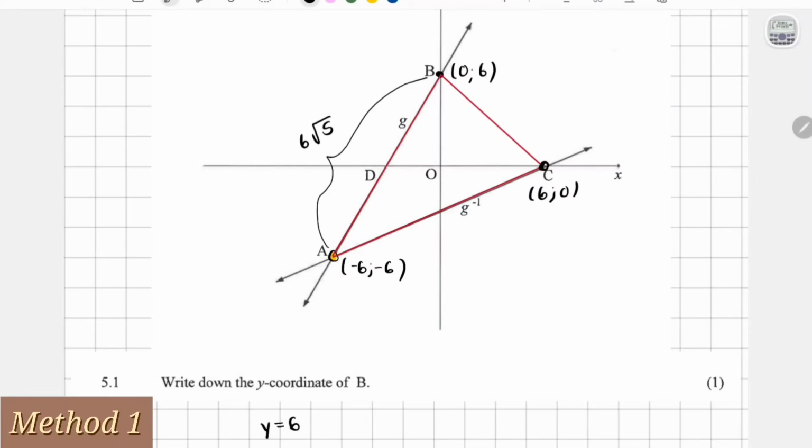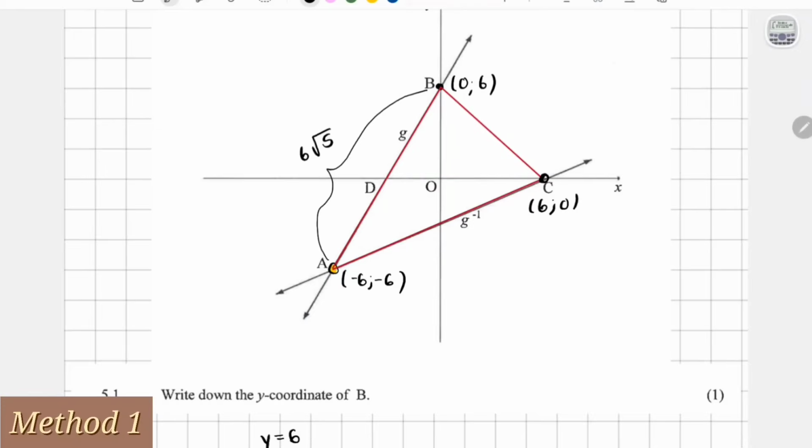But in a way, you don't have to actually do this. The reason why is because the original function, okay, and the inverse, they are symmetrical about that line y is equal to x. So if we drew that line y is equal to x, then these two are going to be symmetrical about this line. So it means that we have this point A over here.